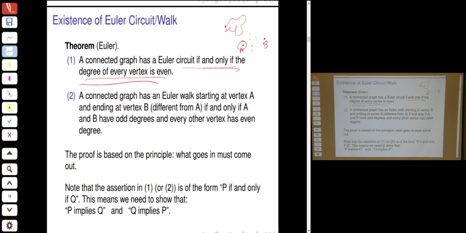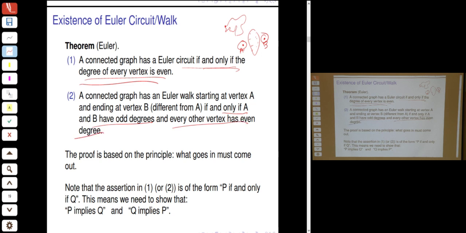However, the only two vertices A and B have to have odd degrees. Otherwise, every other vertex has to have even degree. So the starting and the ending points must have odd degrees, and every other vertex has even degree.